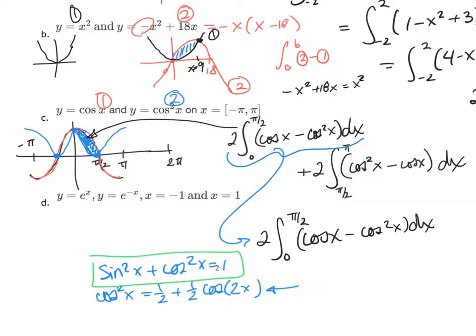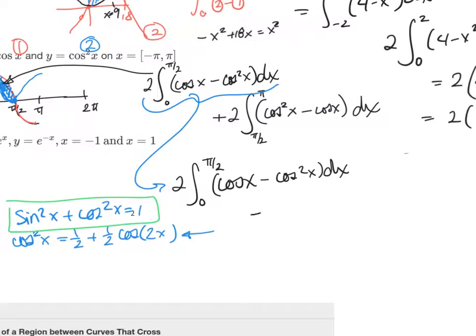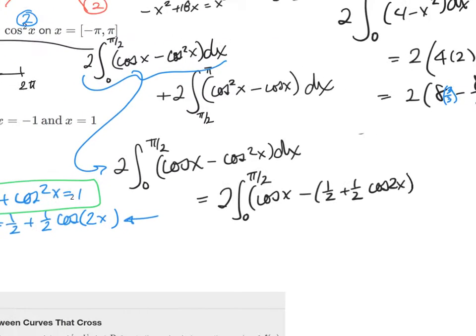So I'm going to use that second identity to replace the cosine squared part. I'm going to rewrite this as 2 going from 0 to pi over 2. Now I'm just going to do this first piece because you're going to do something similar for the second piece. I'm going to replace not the cosine, but the squared with 1/2 plus 1/2 the cosine 2x dx.